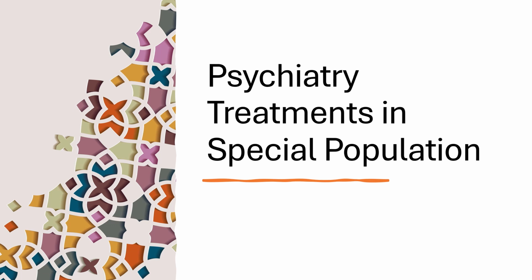Or if a child comes to you with depression or schizophrenia, your treatment will not be the same as for an adult. You won't give the same doses, and obviously you won't give the same medications. So you need to change your strategy and methods when you are treating special populations.